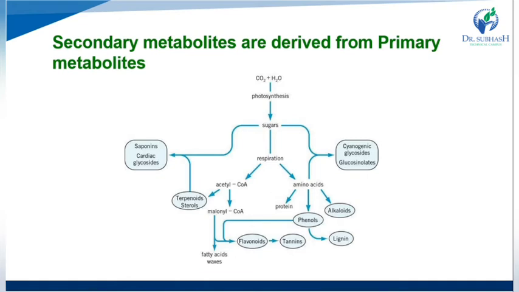Further, through the process of respiration, they give fatty acids, waxes, flavonoids and tannins. Respiration makes acetyl coenzyme A and, second, amino acids. Amino acids give proteins, phenols and alkaloids. Phenols give lignin. So this is the secondary metabolite chart.